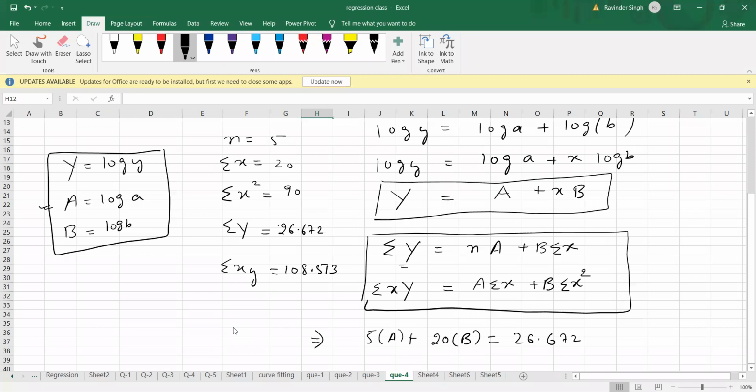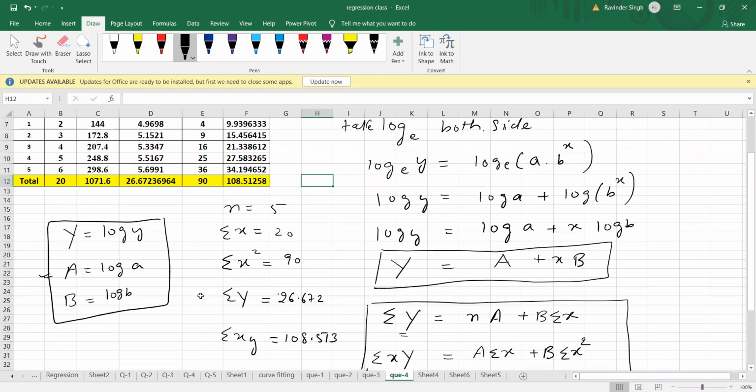The next equation is A times summation of x, which is 20, so this will be 20 times A plus B times summation of x square. This will be 90 times capital B equal to summation of x into y, which is 108.513.